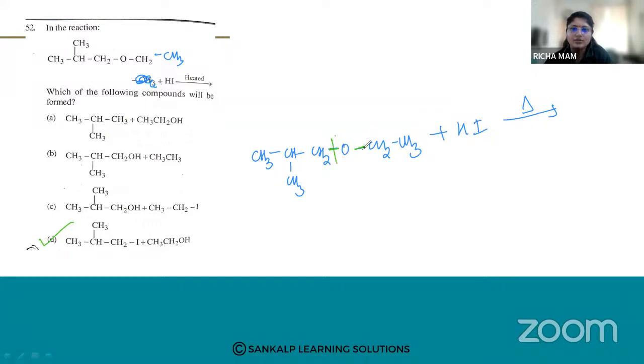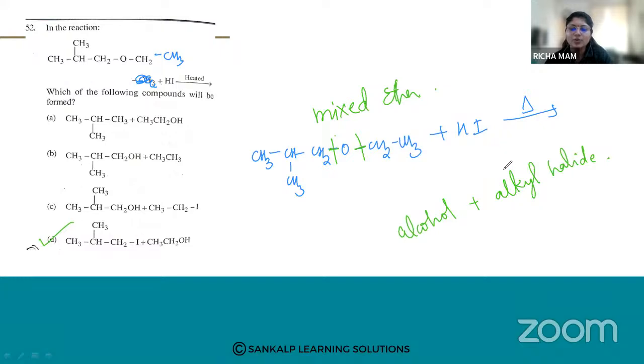On either side of the O the R groups are different, so it is a mixed ether. Whenever you have a mixed ether with two different alkyl groups, one will give an alcohol product and another will give an alkyl halide.